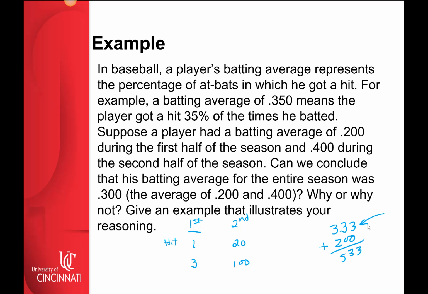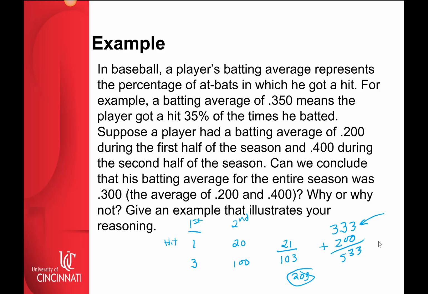It doesn't. If you want to get the total, the final percentage, you would need to add these two together, 21 hits out of 103 trips to the plate. For the entire season, it would be 21 divided by 103, which is going to be a 203 batting average. Not very good.